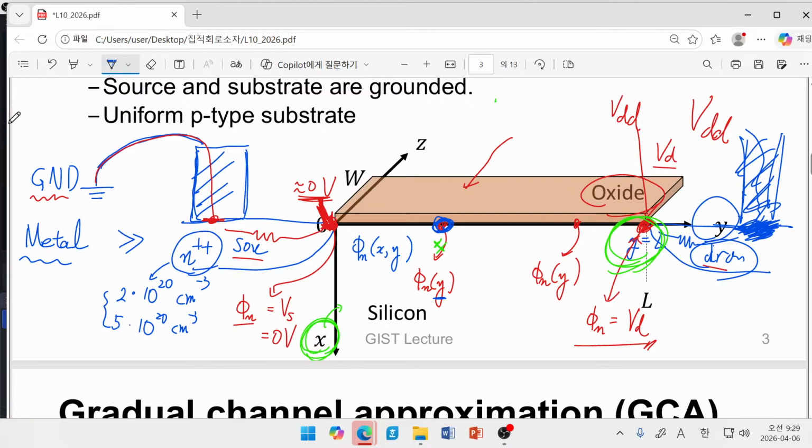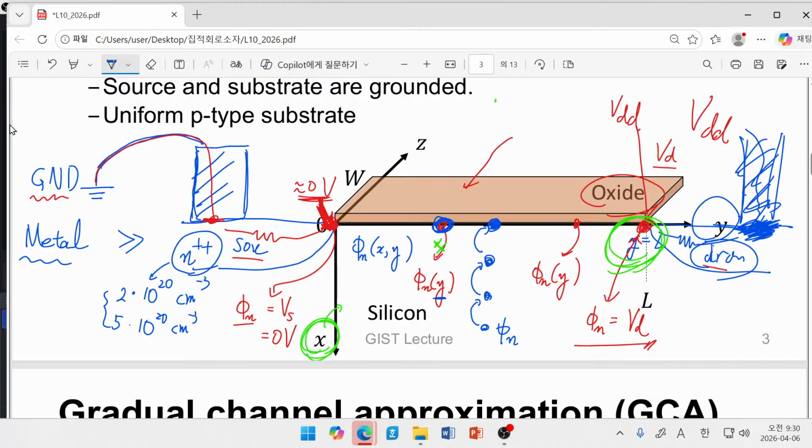Can I say, can I guarantee, that the value of the electron quasi-Fermi potential at this point is equal to the one at this point or that point or other point? So can we say that the value of the electron quasi-Fermi potential is equal to that one and that one and that one? Is there any guarantee that we have a shared value of electron quasi-Fermi potential along the x-axis?